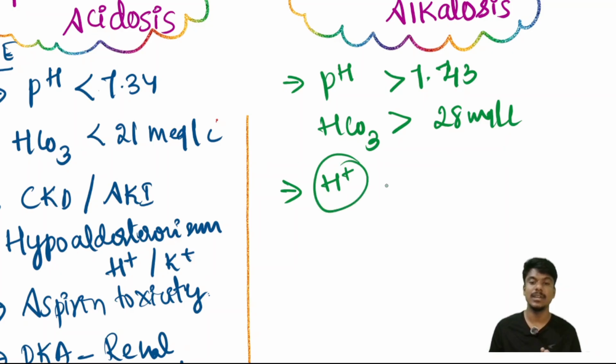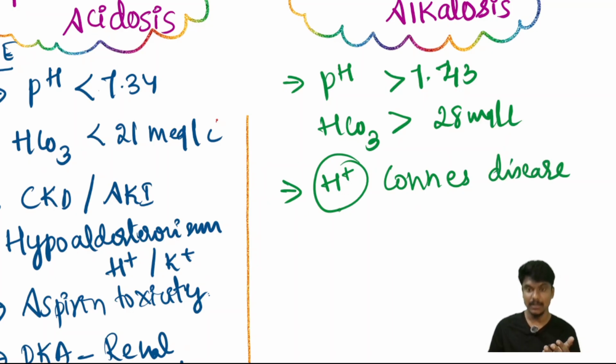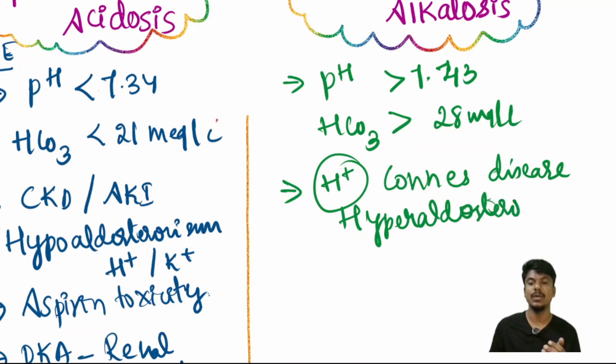In which condition will you see this H plus ion loss? That is Conn's disease. What will happen in Conn's disease? There will be hyperaldosteronism. I told you the function of aldosterone is to absorb sodium and sodium chloride and excrete the H plus and potassium ion.